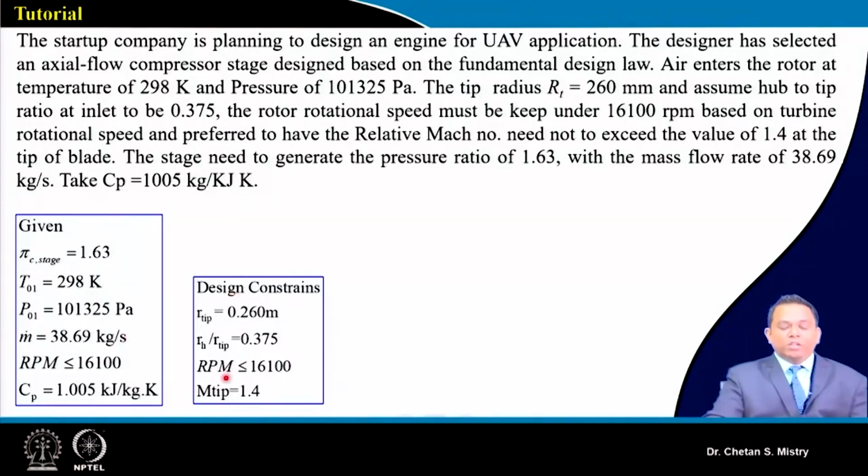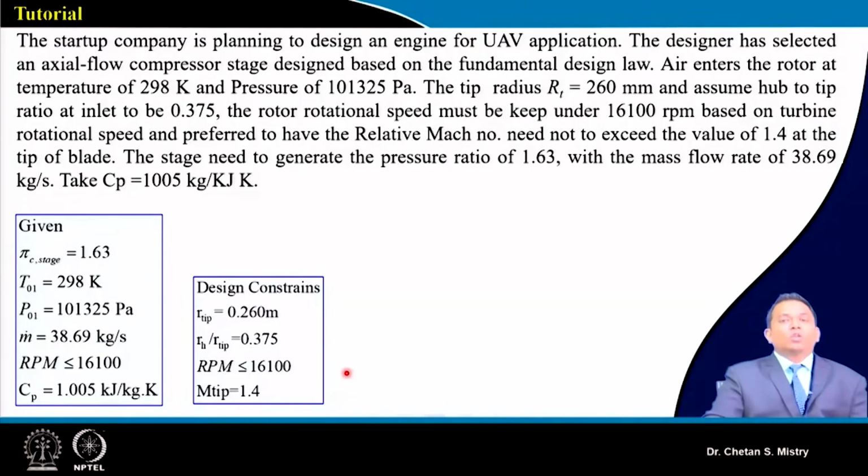Under this condition, we also have a constraint on the diameter of the casing. We have the inlet radius ratio given to us, and my tip Mach number should not exceed 1.4. So we can say these are our design constraints.